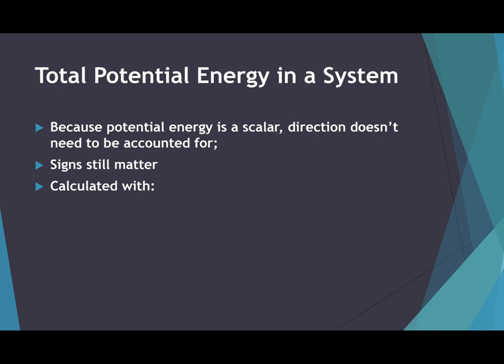Alrighty, now if we have multiple charges in our system, more than just 2, we have 3 for example, then we could just calculate it as the sum of all of the charges present. Sigma for sum.